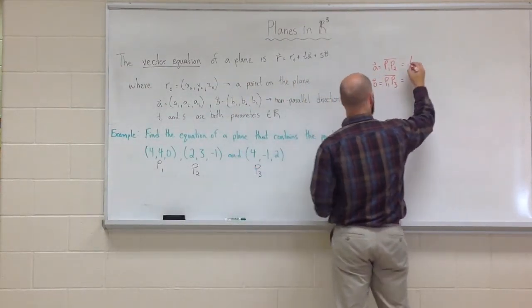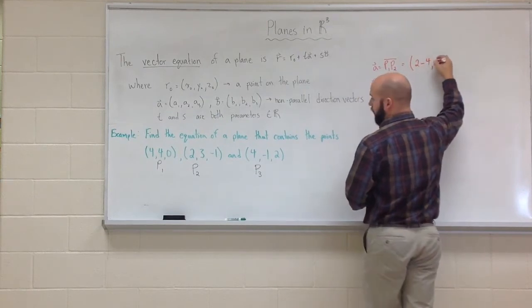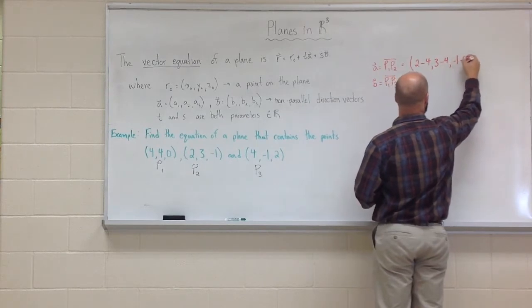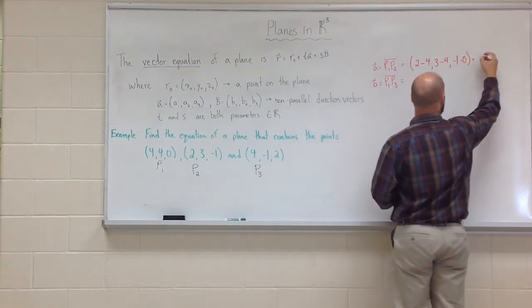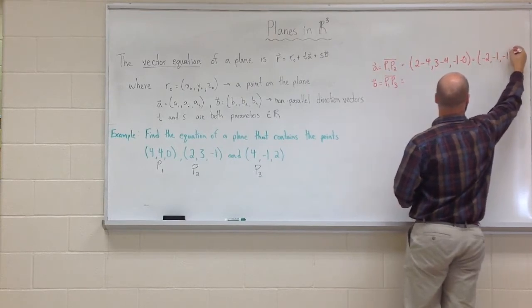This will be 2 minus 4, 3 minus 4, and -1 minus 0, giving us (-2, -1, -1).